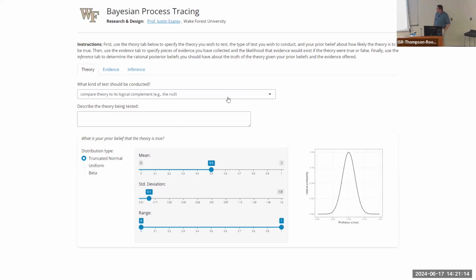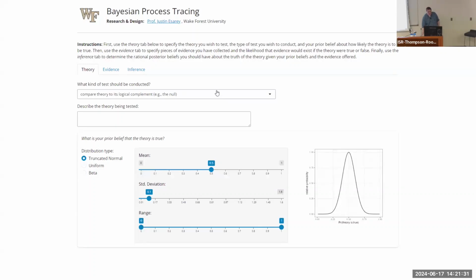Bayesian process tracing is a way of using the logic of Bayesian inference and applying it to arbitrary kinds of evidence, including qualitative evidence. This is an app that I've been developing in connection with a paper that's related to it.